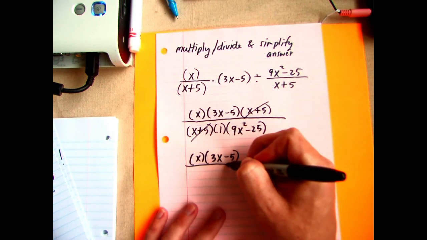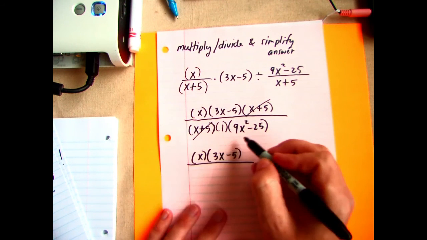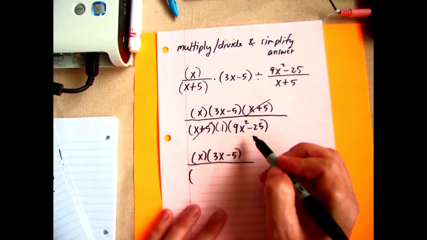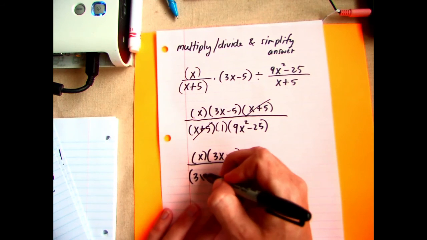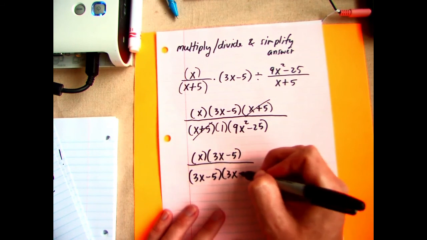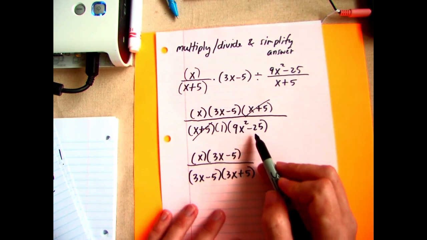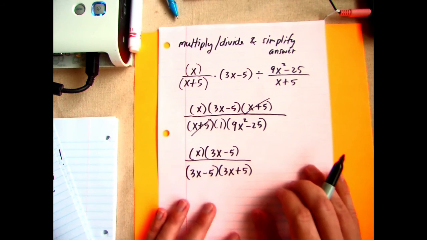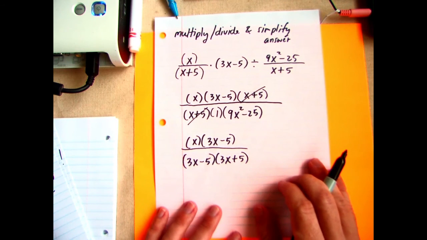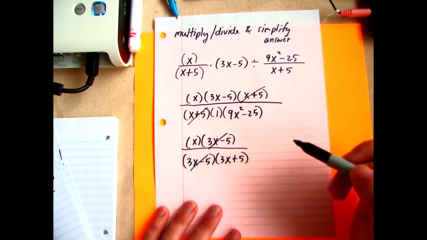And to see if there's any other matching bubbles, I'm going to factor that 9x squared minus 25. So that factors to 3x minus 5 times 3x plus 5. Now I definitely have a bubble that matches and can cancel. 3x minus 5 and 3x minus 5 can cancel.